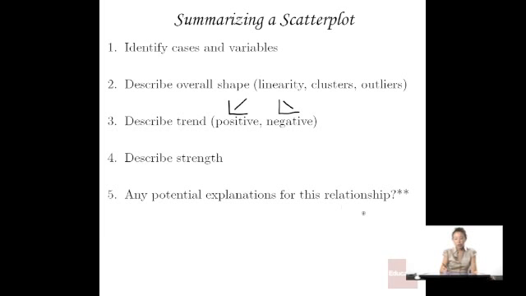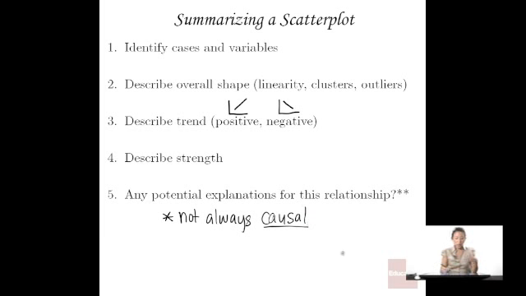And then any potential explanations for this relationship. Now, this is sort of an extra step. Sometimes you may not need this, but it's often helpful to do. And it's really critical that you remember correlation is not always causal. There might be a causal relationship, but not always. And it behooves us to think of potential explanations that are not causal.